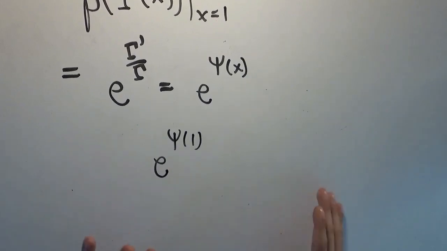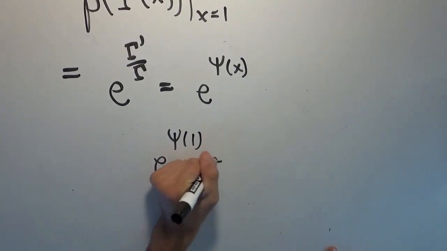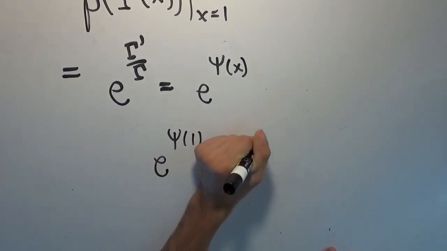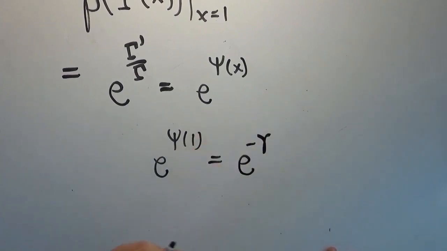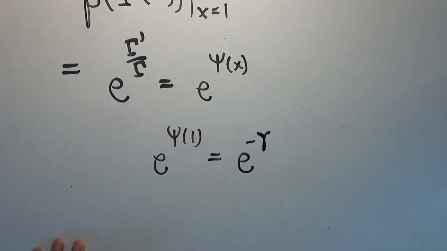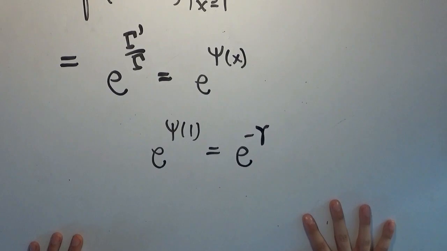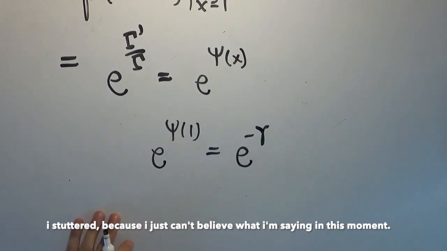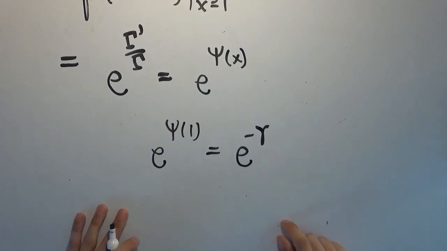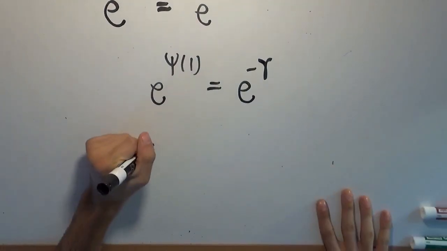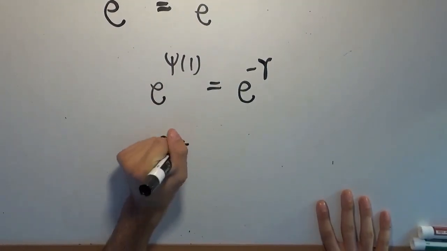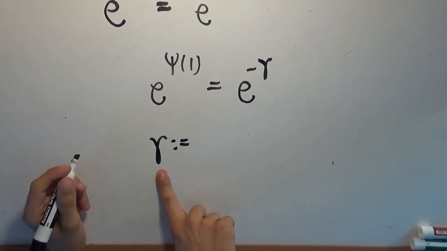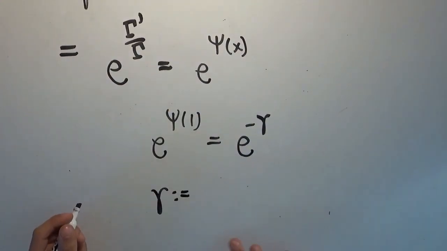If you know anything about gamma functions or that particular field of number theory and complex analysis, then this is equal to e to the negative little gamma, which is the Euler-Mascheroni constant, or as Papa Flammy likes to call it, the Euler-Macaroni constant, which is of course the correct pronunciation. It does kind of look like oily macaroni. So let's see, what is that number? The gamma constant, little gamma, whereas this is capital gamma.